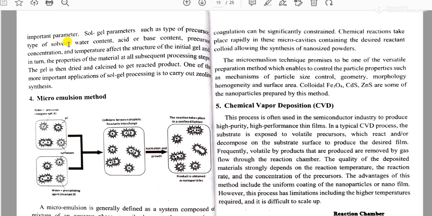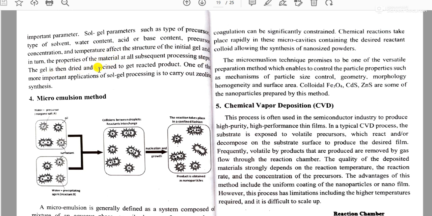The solvent type will influence the reaction or the quality of the structure of the gel, then the water content, the pH of the medium, then the precursor concentration and the temperature. Temperature will also affect the structure of the initial gel, and in turn the properties of the material at all subsequent processing steps. So the gel is then dried and calcined.